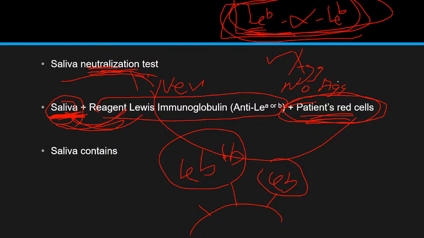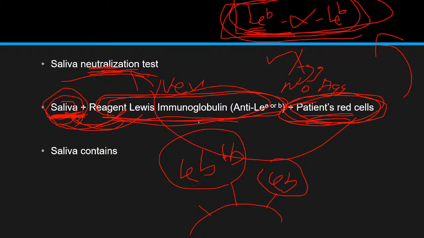When you add the patient's red cell to that mix, because all of them have been reacted already, RBCs will no longer clump. Nagets mo yung idea ng neutralization? You are neutralizing the antibody. You're not neutralizing the saliva. You're not neutralizing the RBCs. You're neutralizing the antibodies by adding the saliva.